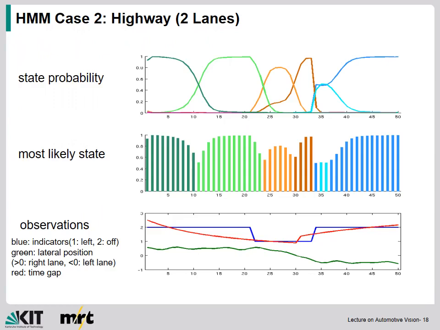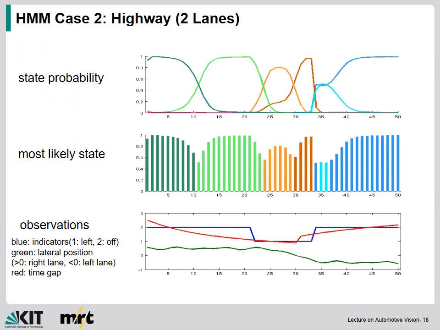Then the plot at the top shows the state probabilities over time for each of the 8 different states. Remember that for visualization purposes we color encoded the states.